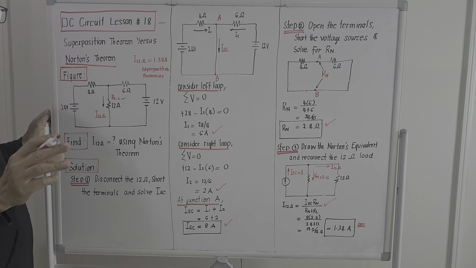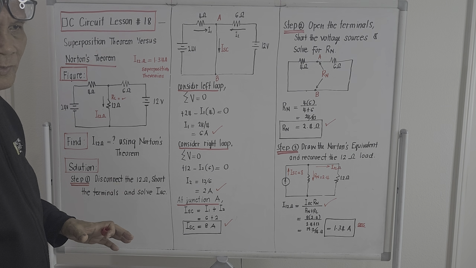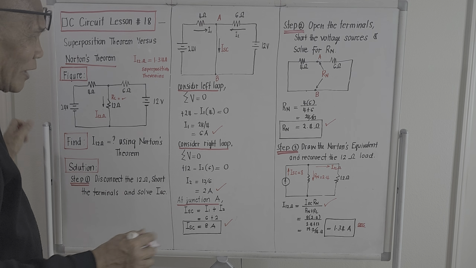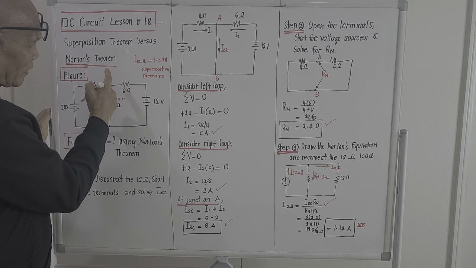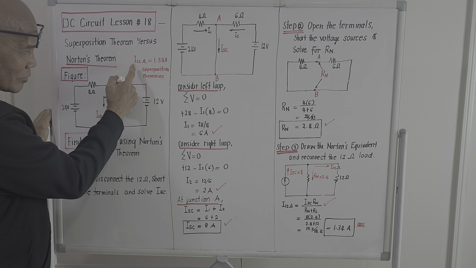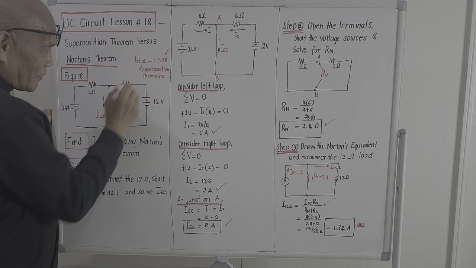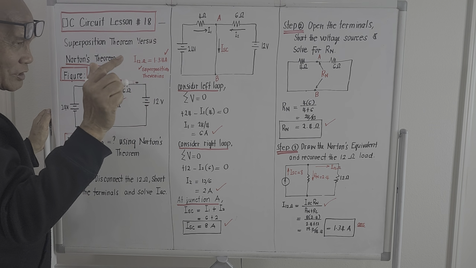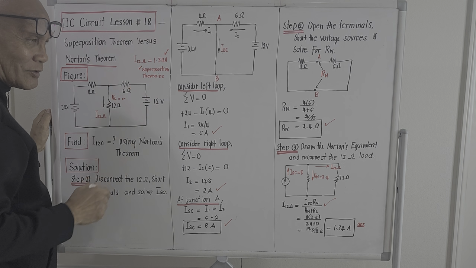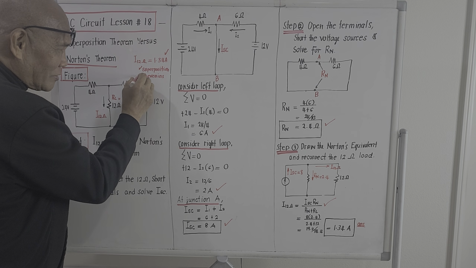We are done with the so-called superposition theorem and Thevenin's theorem. That was actually lesson number 16 and 17. By using the same problem, the current passing through the 12 ohm load by using the superposition is 1.34 amperes. In lesson number 17, we solved again the same problem by using Thevenin's theorem.